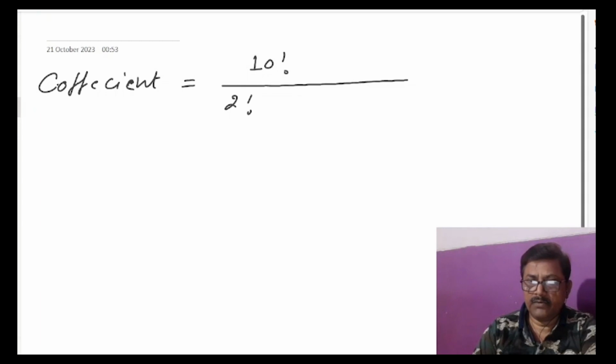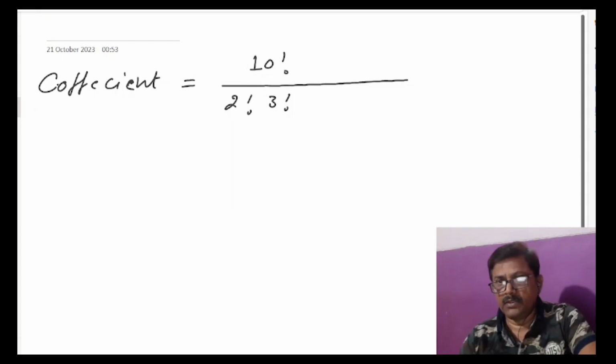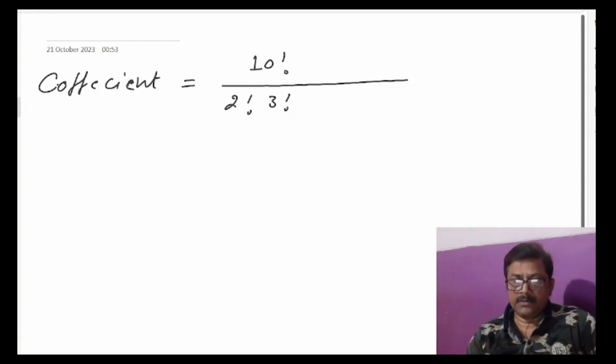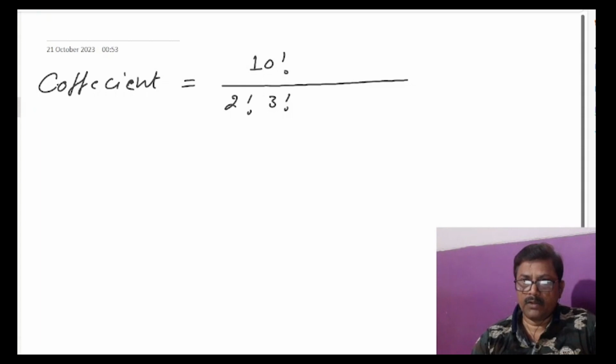And what was r2? A square b cube, so 3 factorial. A square b cube and c to the power 4, r3 was 4, into 1 factorial. Okay. So a square b cube is correct. So this is our coefficient. Now we will simplify it and will get our answer.